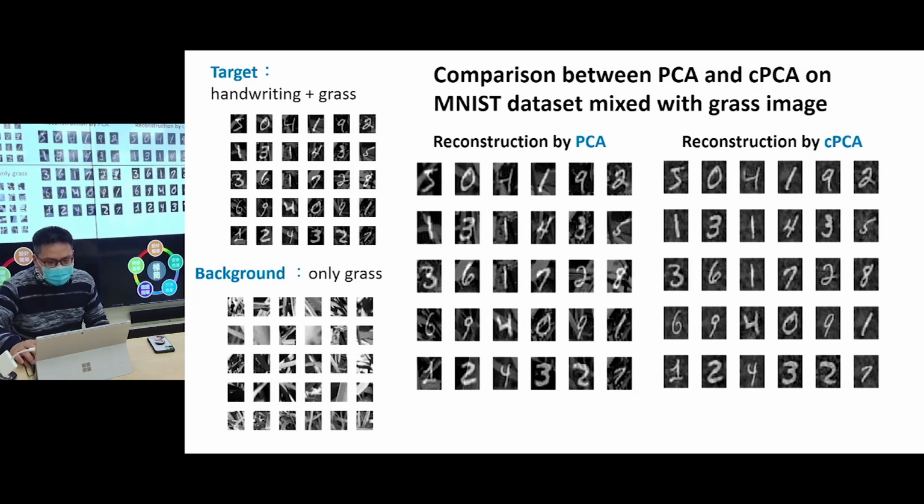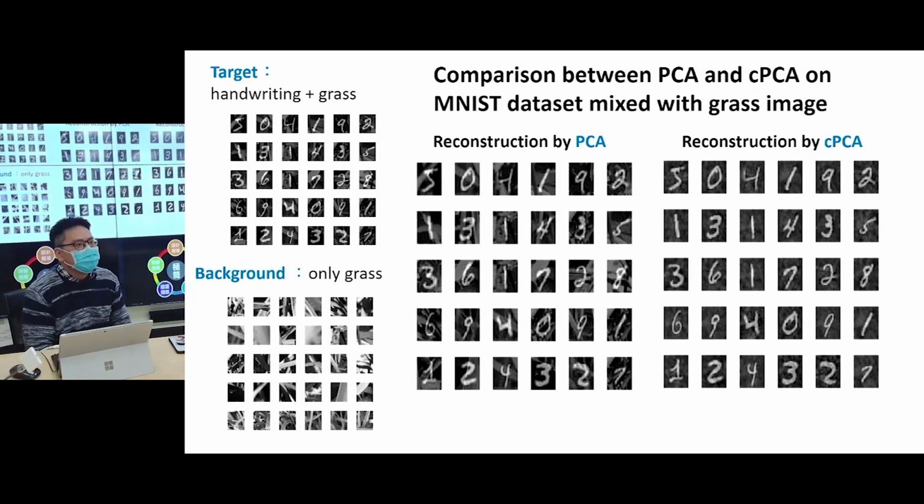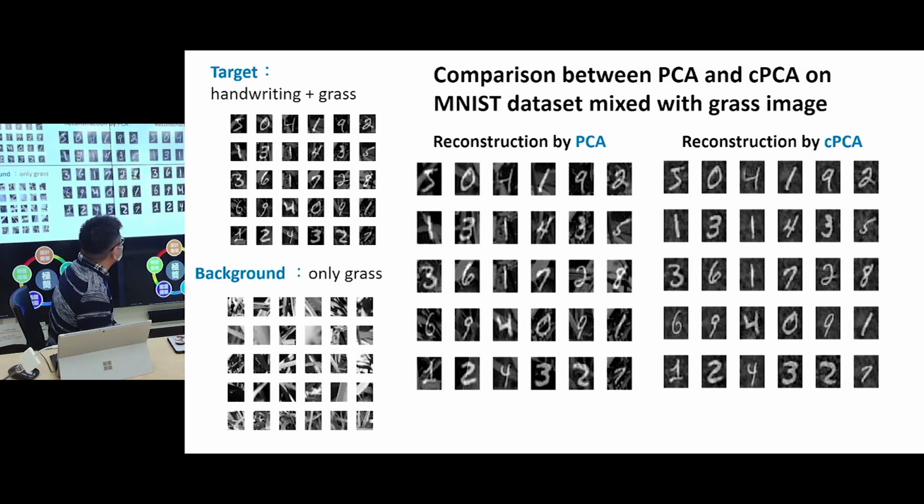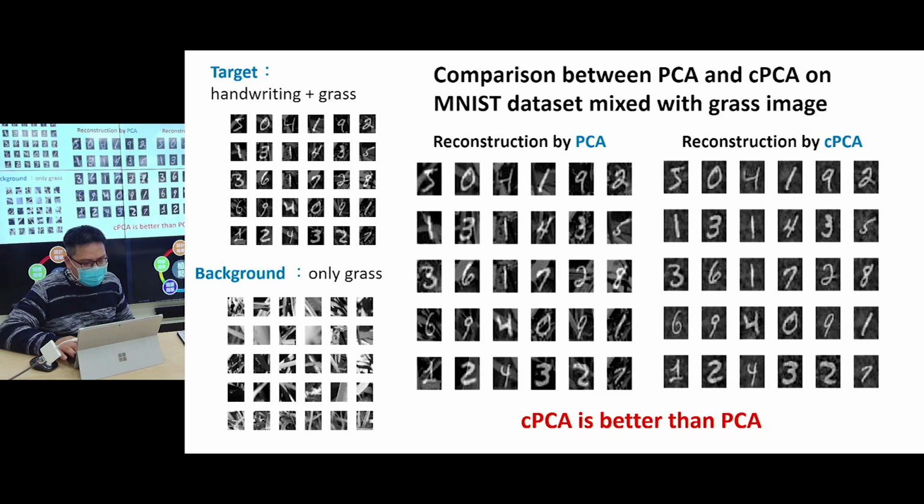That's the introduction of contrastive PCA. But in our case, we want to apply our method to high dimensional data. Contrastive PCA is to solve the eigenvalue decomposition of Sigma_alpha.